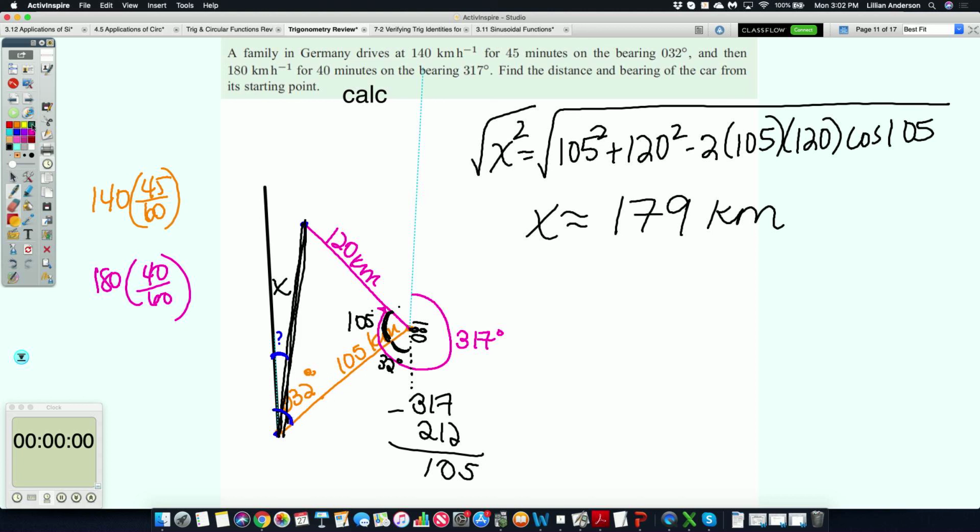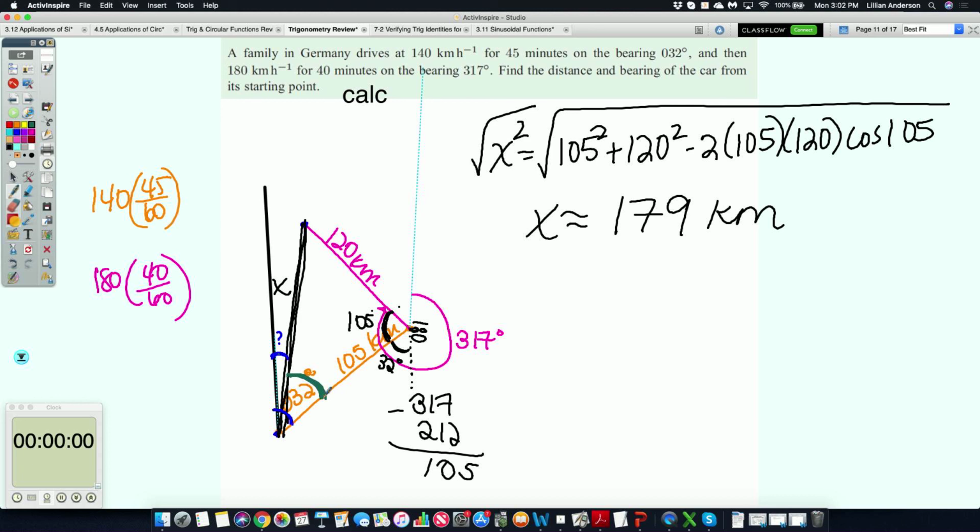Yes, you need to figure out what this angle is right here. Once you figure out what this green angle is, you subtract it from the 32 to figure out what that small angle is there. So how do you find this angle in green? The sine rule, because now you know the side across from the 105 degree angle.